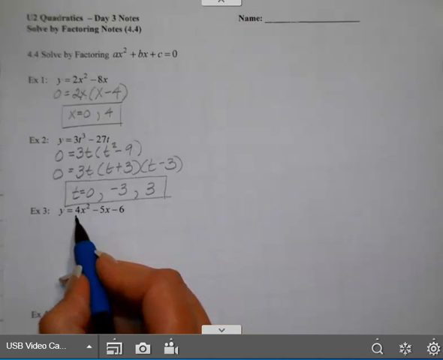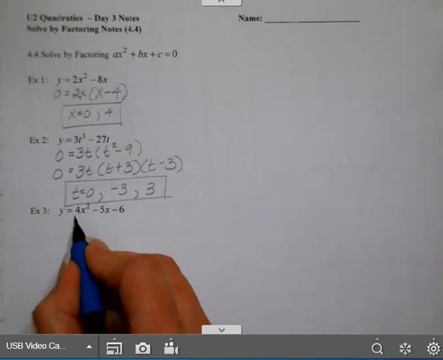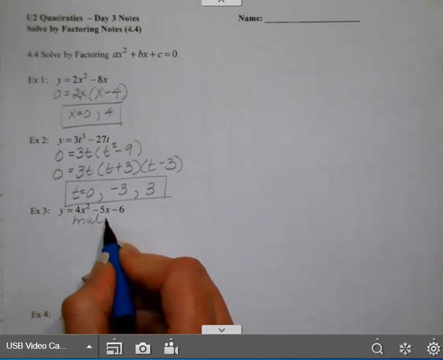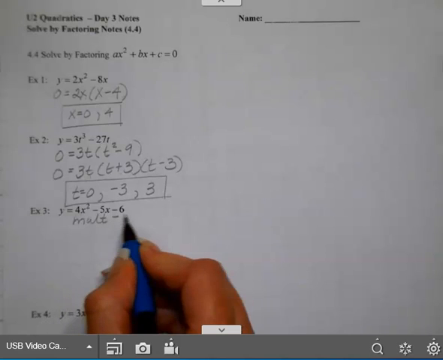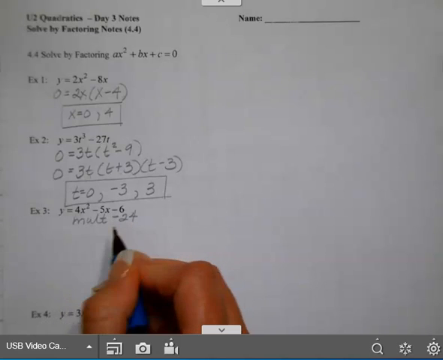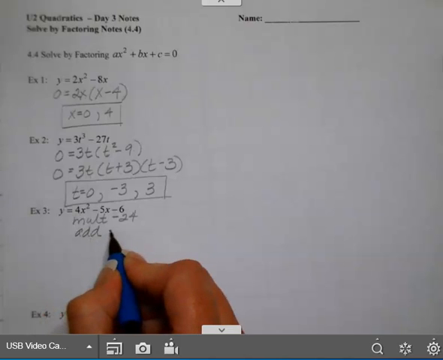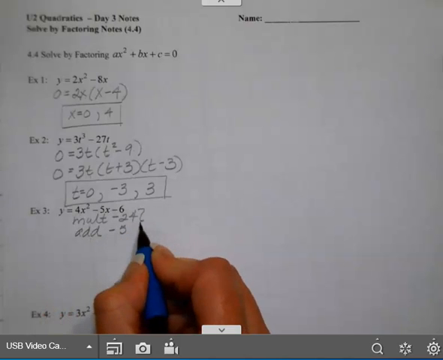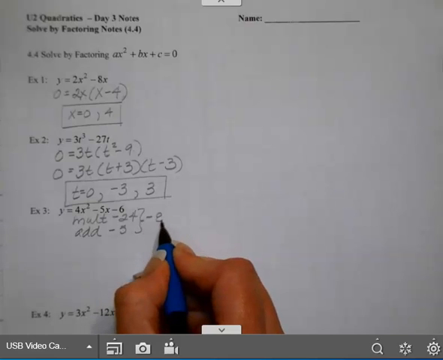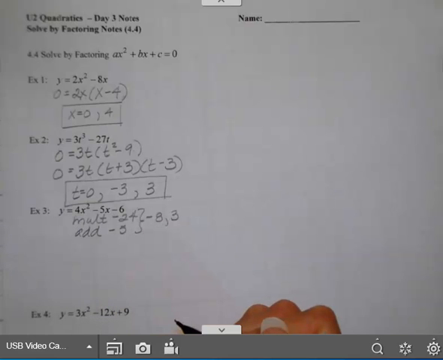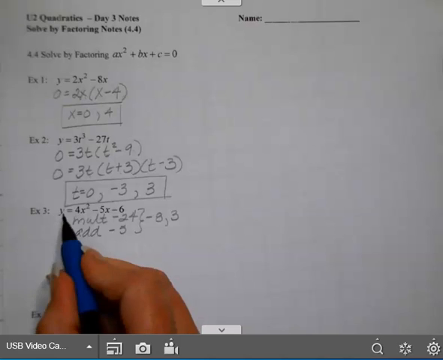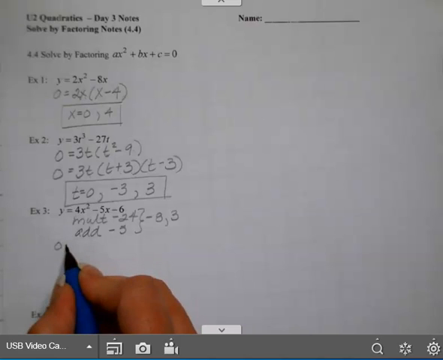So I need it to have a product, or multiply, to negative 24. And I want it to add to negative 5. So the numbers that do that are negative 8 and positive 3. So I'm going to set y equal to 0.